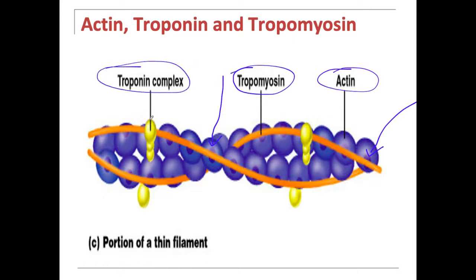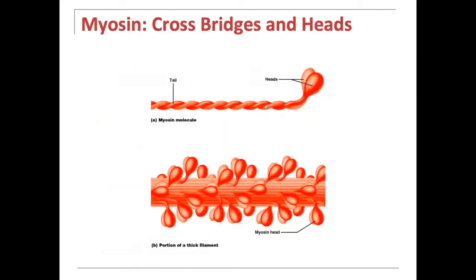And here's troponin, the staple that's holding tropomyosin in place. Now, if calcium comes in, calcium is going to attack the troponin. It's going to remove it so that the tropomyosin can shift. And when it does, these myosin heads can actually attach to them.